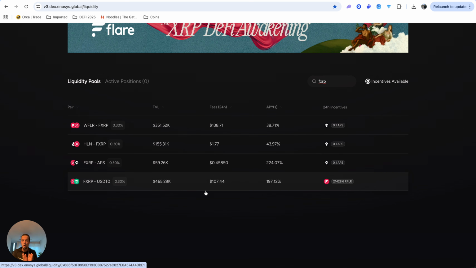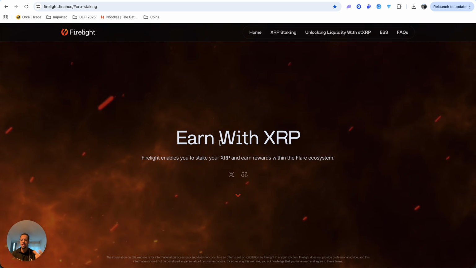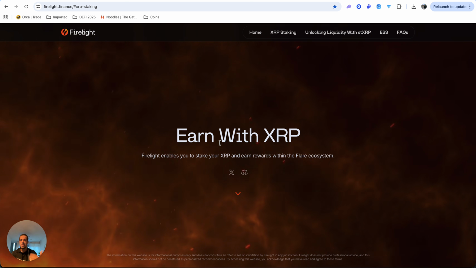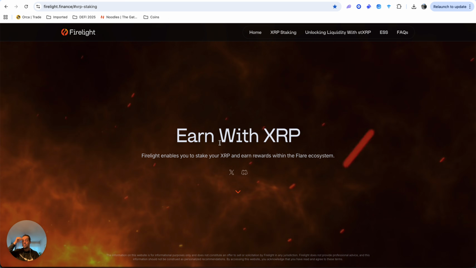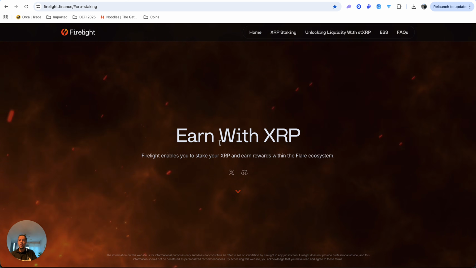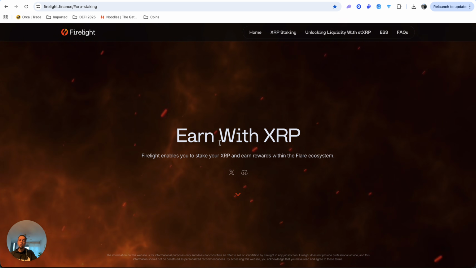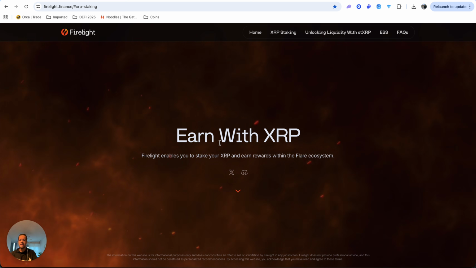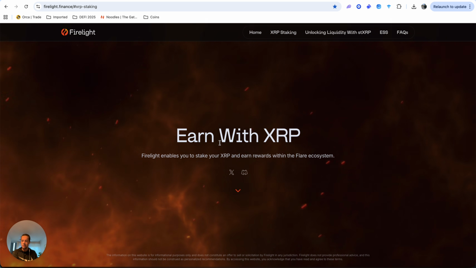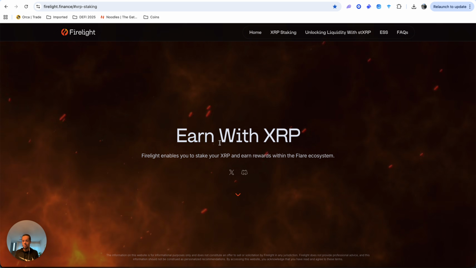What I'm waiting for the most is the Firelight staked XRP, because in that case you will be able to stake the XRP, get the APY, and also use the staked token in DeFi as well, borrow against it, deploy into liquidity pools without touching your main XRP.